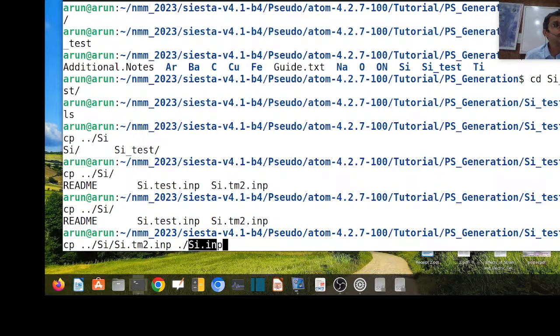So I write ./ which means the current directory, and si.inp is the new name of the file which I copied.